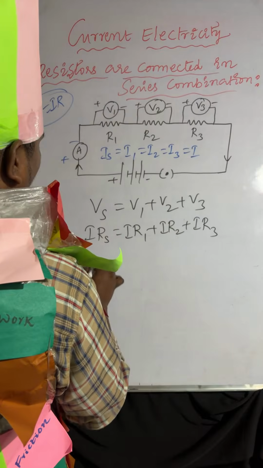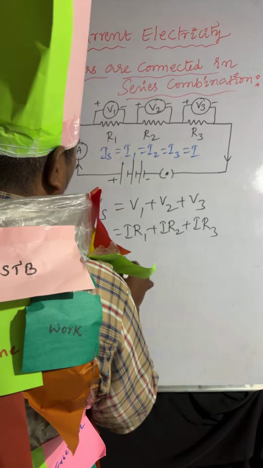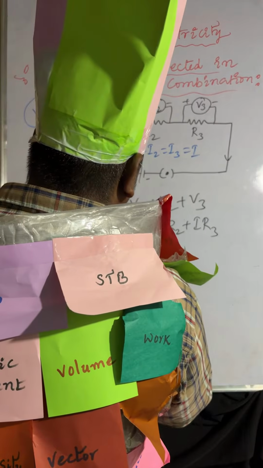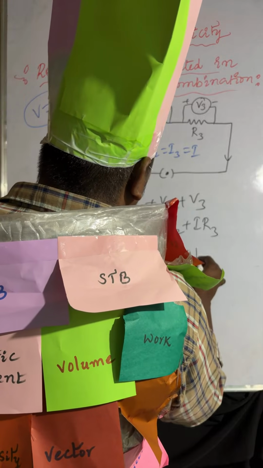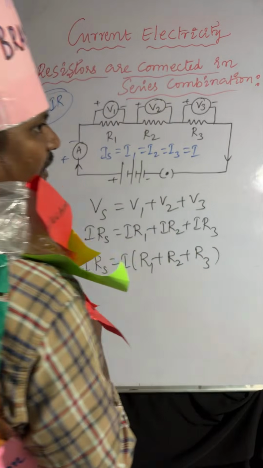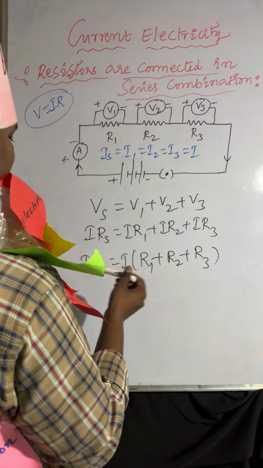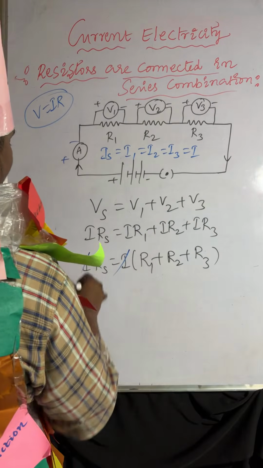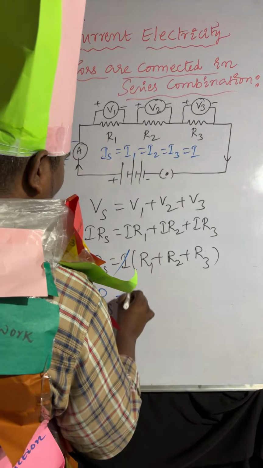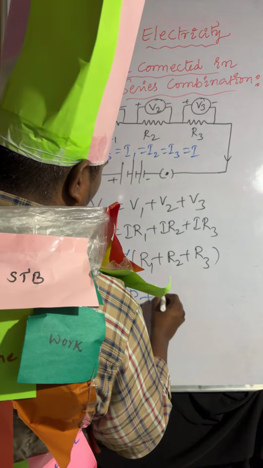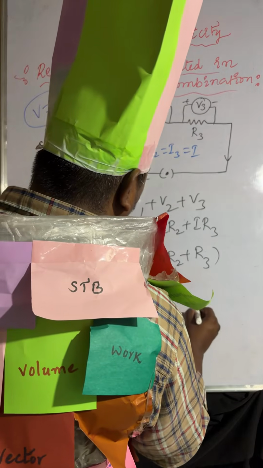I am taking I common, so R1 plus R2 plus R3. You can observe that I gets cancelled. Rs equal to R1 plus R2 plus R3.